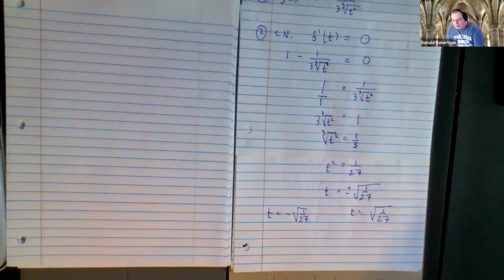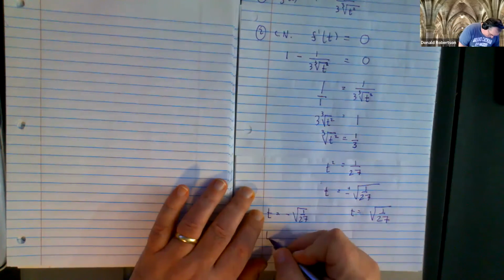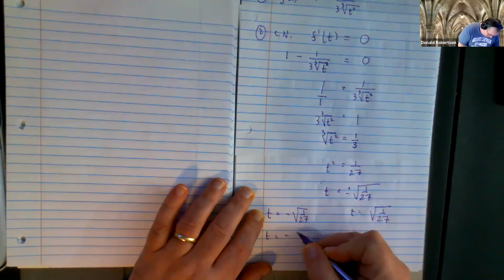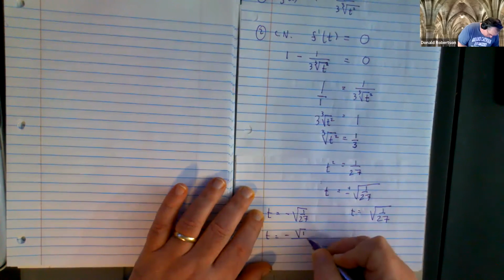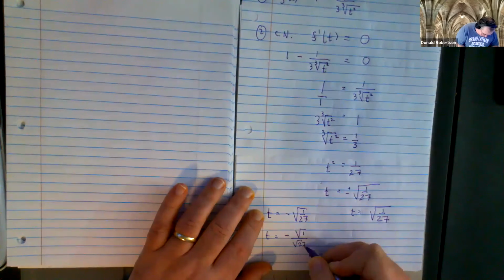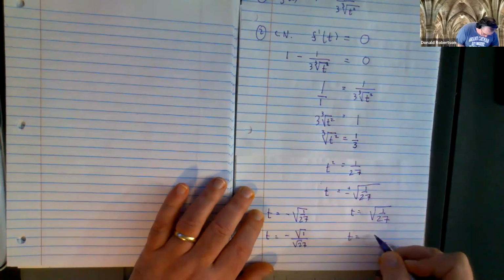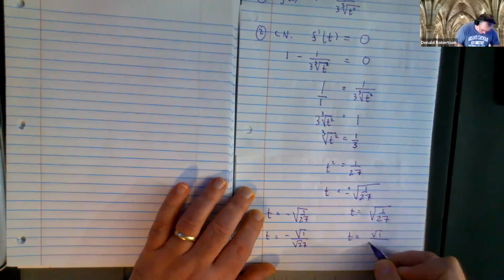You might think, well, can I just leave it like that? Nah, sorry, ain't going to happen. I'm going to have to make these answers look pretty as well. So if you separate this, you get the square root of 1 over the square root of 27. And if you separate this, you're going to get the square root of 1 over the square root of 27, which is fine.